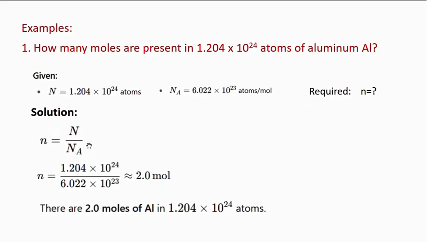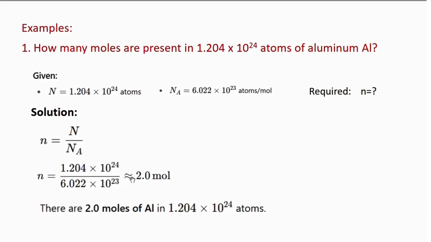First, we write the formula that relates the number of moles to the number of particles. Then we substitute the given values, capital N and Avogadro's number, into the formula. After that, we simplify the fraction and we finally obtain the result, which is 2 mol.